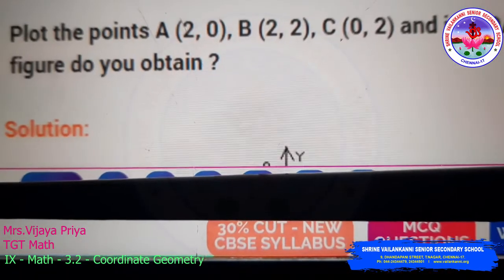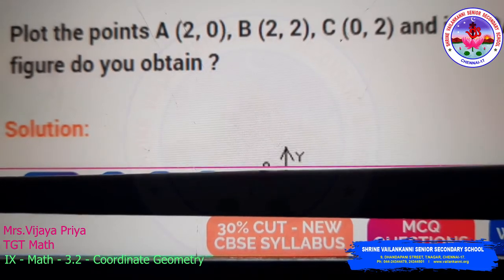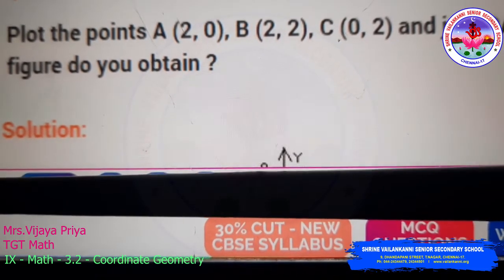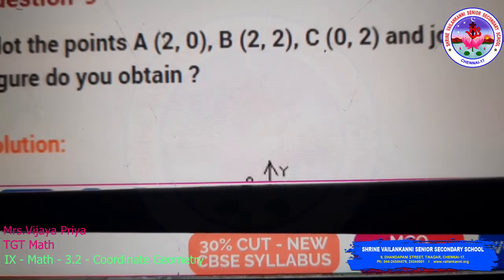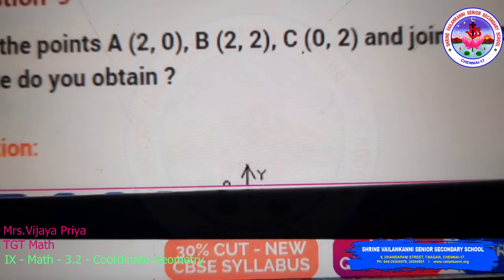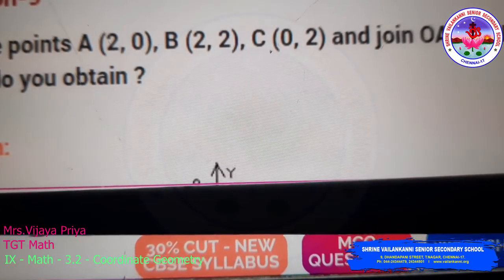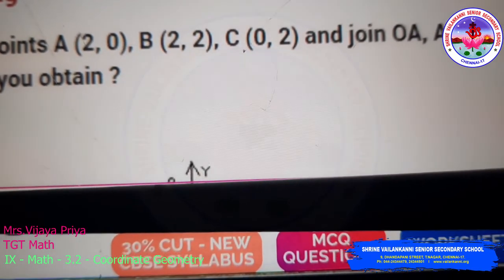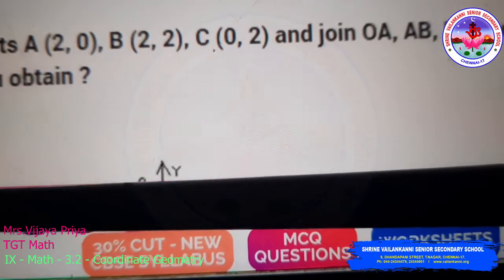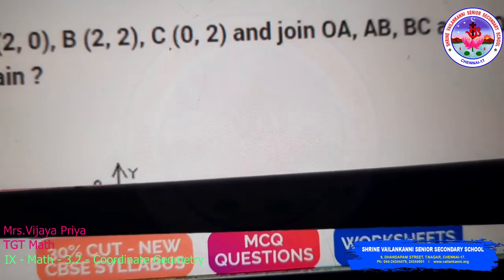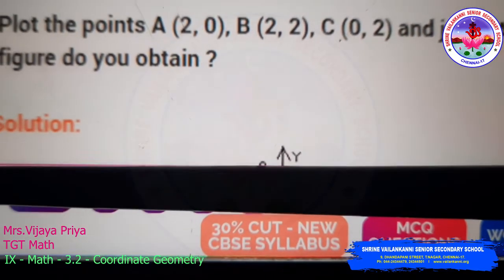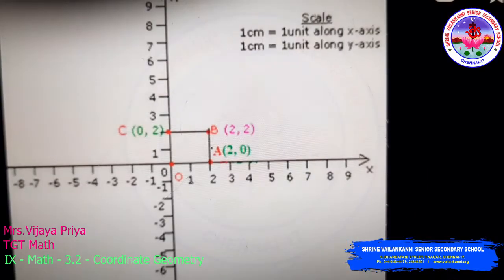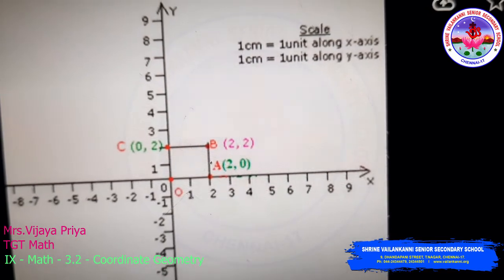Now fifth problem: plot the points A (2, 0), B (2, 2), C (0, 2) and join OA, AB, BC and OC. What figure do you obtain? Now we are going to plot the points in the graph.